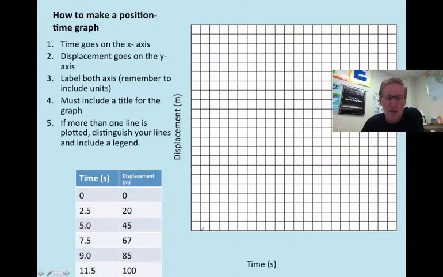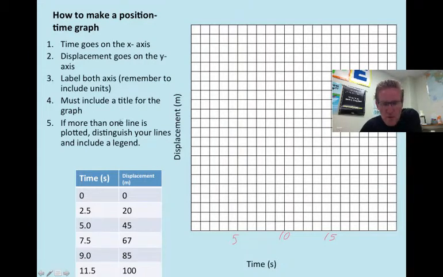And then we'd also label our axis as far as giving values. So 1, 2, 3, 4, 5. I'm just going to label every 5. And that's all we need because we only go up to 11.5 on time.